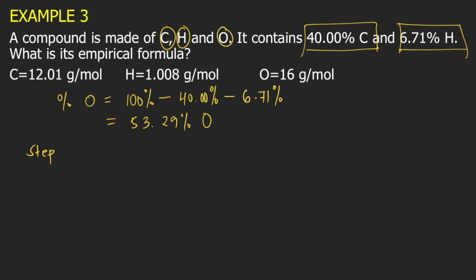So now that you have all the mass percents of the elements, you can now proceed to step 1. Again, what I've told you in the previous examples, you just convert the percents into grams.